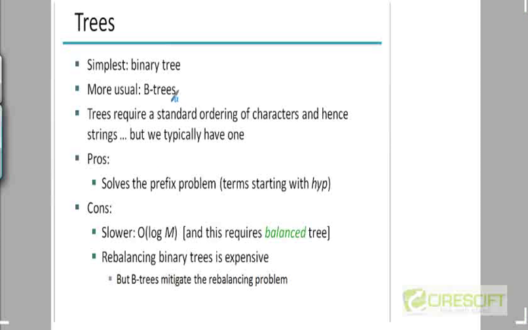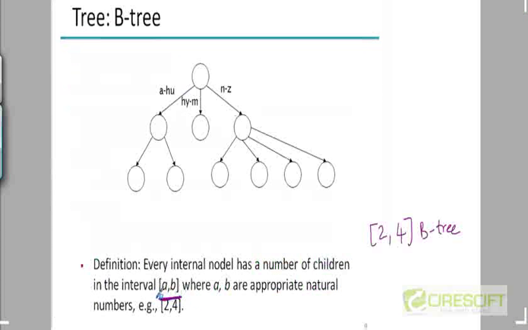So B trees are the usual way to implement a dictionary. And one of the reasons for creating this range from A to B, think about it intuitively this way. If you allow every node to have, say, 100 children, then compared to a tree where every node had only 2 children, a tree with 100 children is going to look like this.